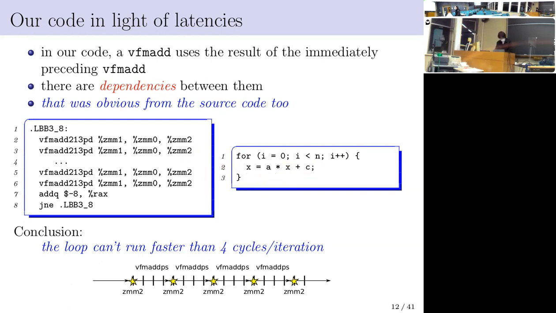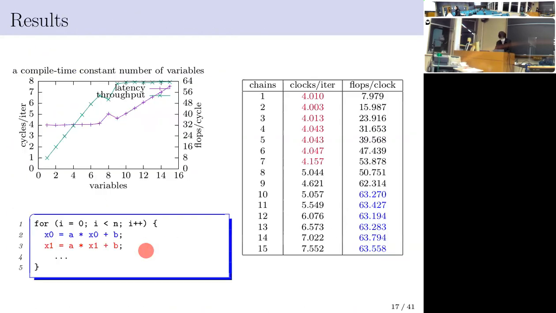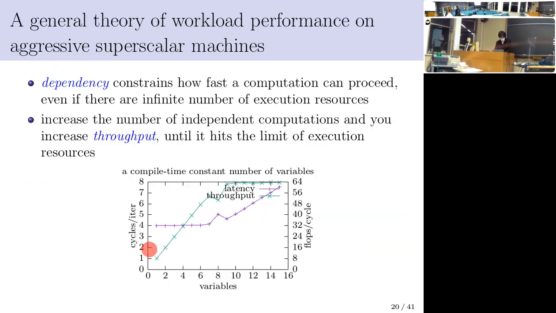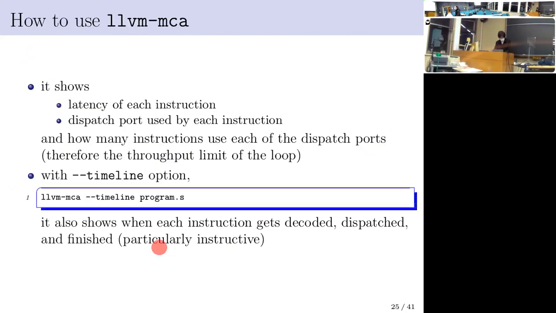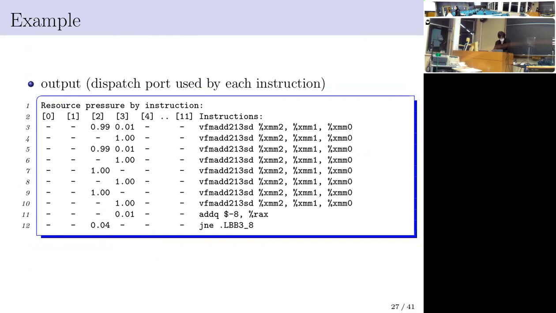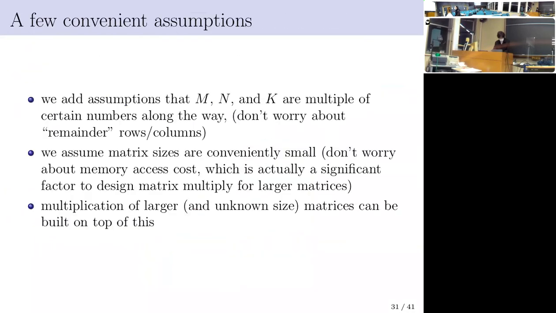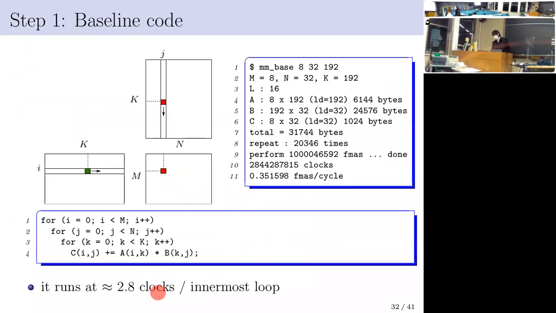So for this reason, the actual expected performance is something like 4 clocks per innermost iteration. What we actually witness is somewhat better than that.